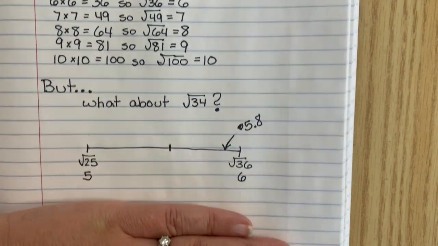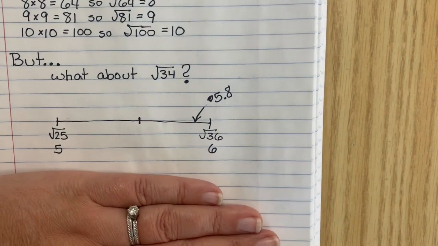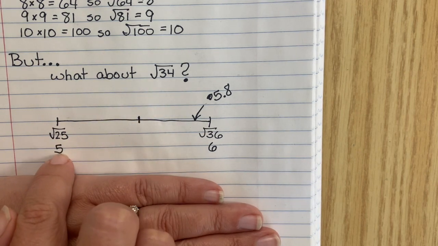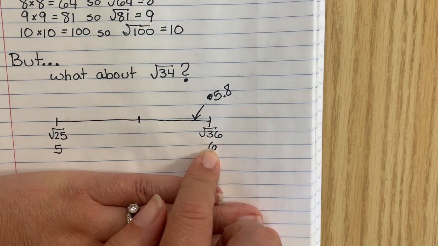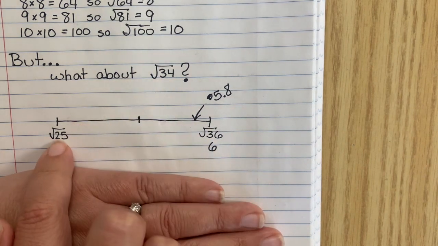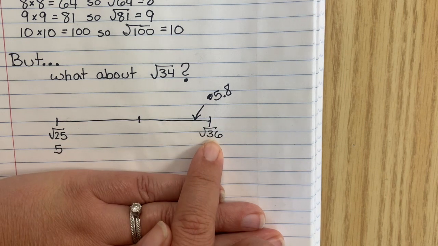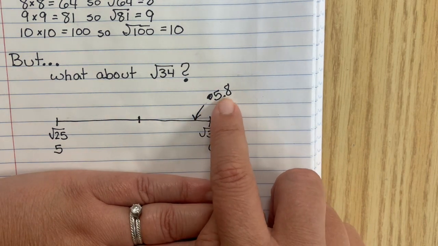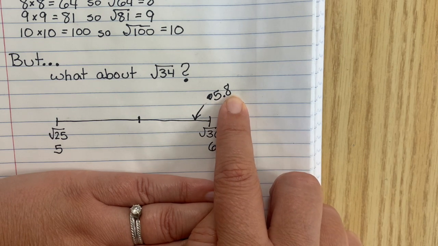So I can write it out like this, where the square root of 34 is somewhere between 5 and 6. So I ask myself, is 34 closer to 25 or closer to 36? Since it's closer to 36, it's going to be approximately 5.8.